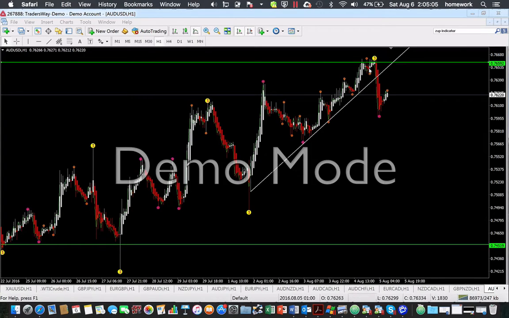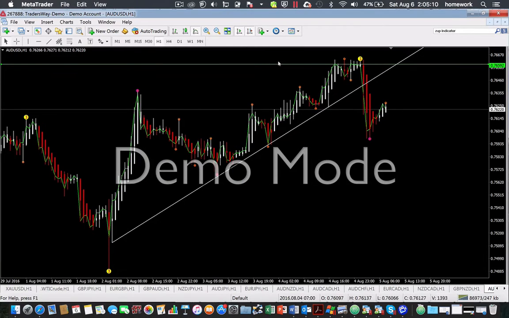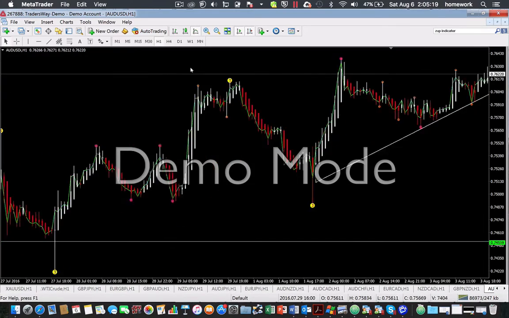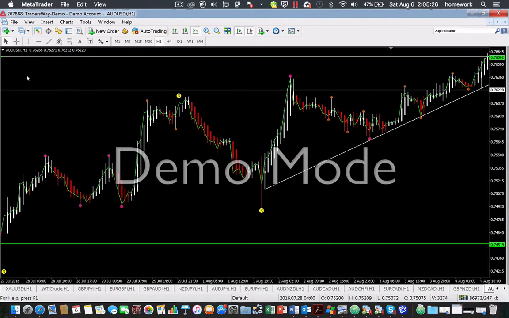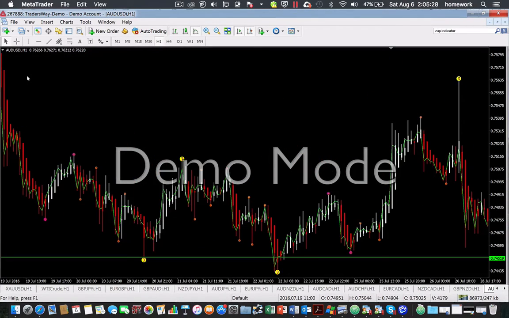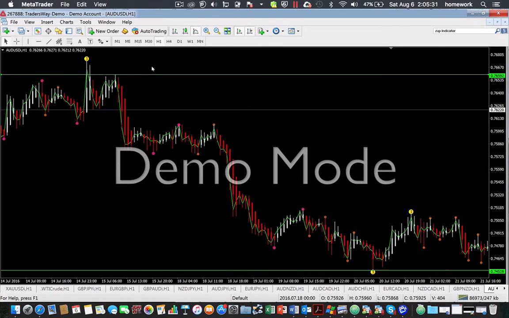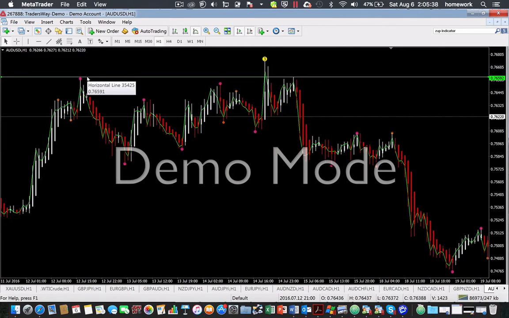But in this case, resistance. Reason number one, the market has not been able to cross this barrier for a very long time, and plus the market has not been up here since July. If I keep going back, as you can see, it disappeared and reappeared again. So pretty much since July 14th, the market has not been up there.